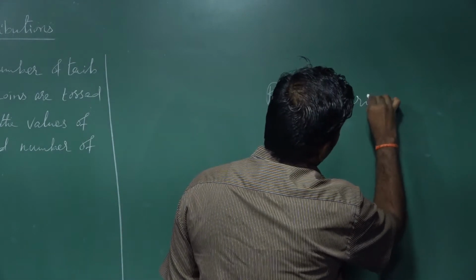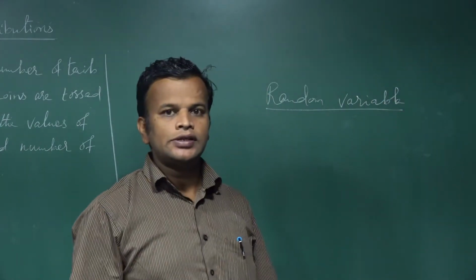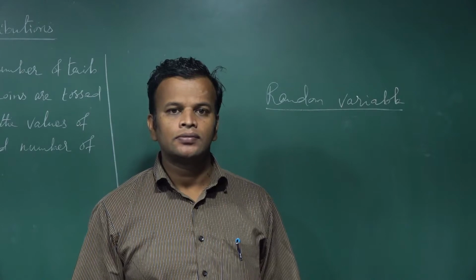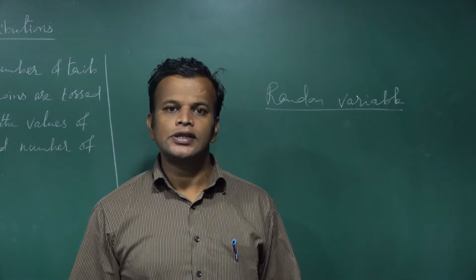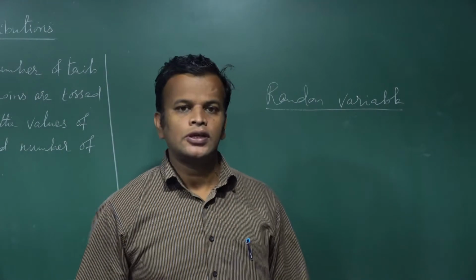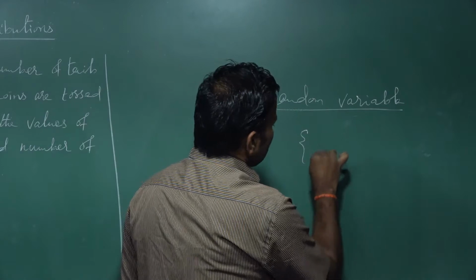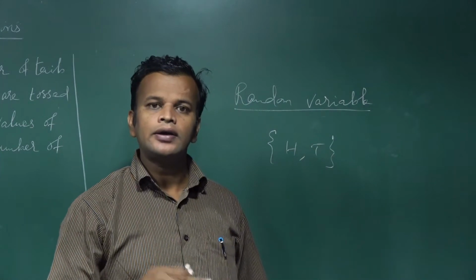What is meant by a random variable? For example, I say one coin is tossed. Suppose we assume the head is a success. There is a chance. A probability means the possibilities. We tossed a single coin. The face may be head or tail.